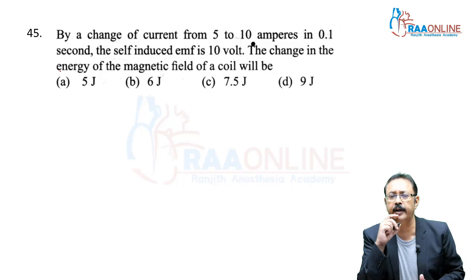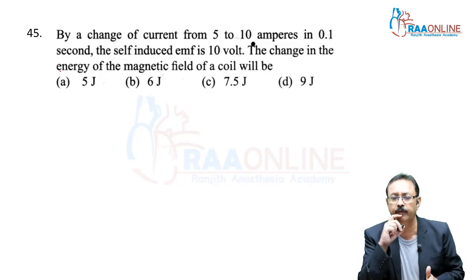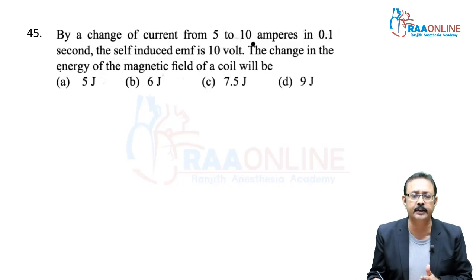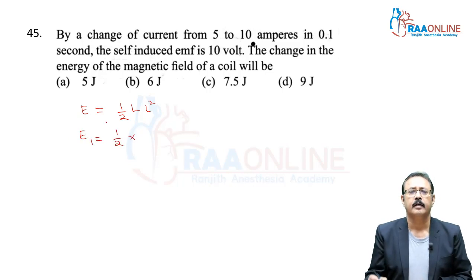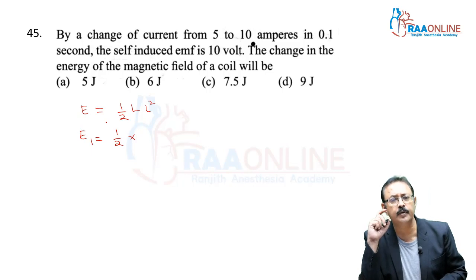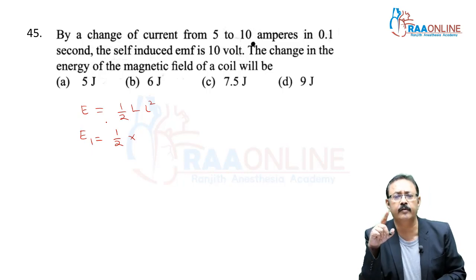Next, by change of current from 5 to 10 ampere in 0.1 second, the self-induced EMF is 10 volt. Find the change in energy of the magnetic field. We know the energy formula is half Li square. What was the initial energy? Half. Self-induced EMF is 10 volt.